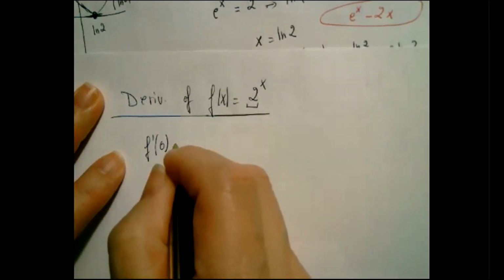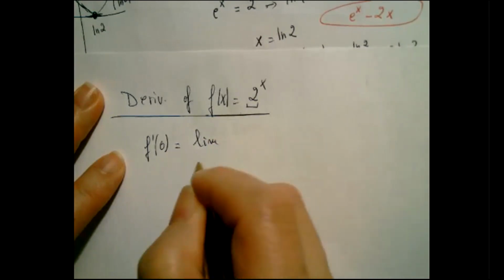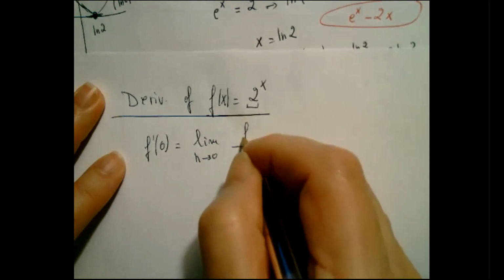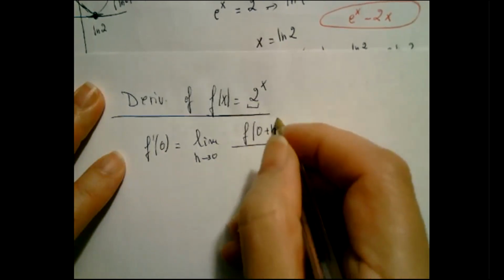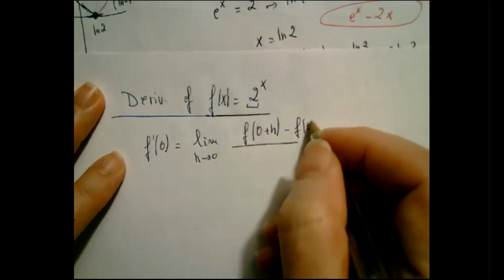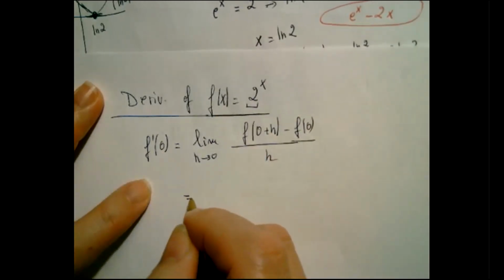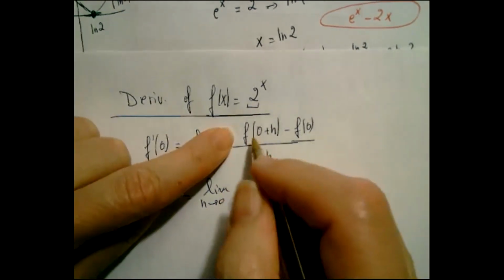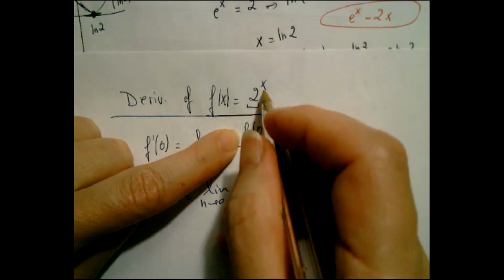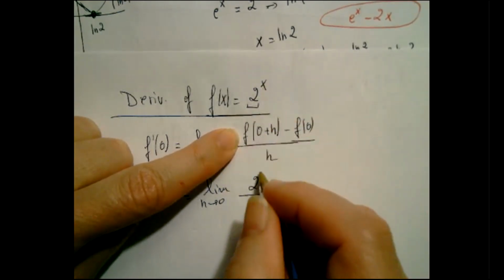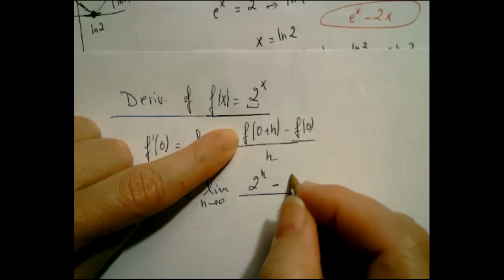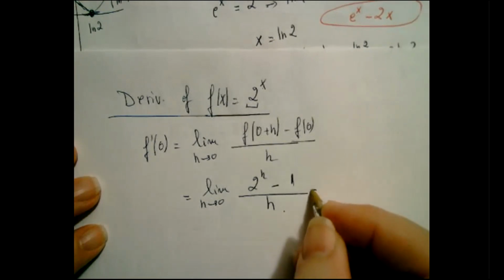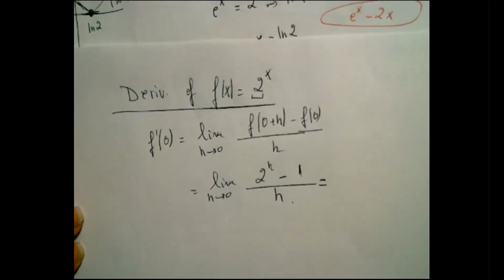That's the limit as h goes to 0 of f at 0 plus h minus f at 0 over h. It means the limit as h goes to 0 of f of h, that's 2 to the h, minus 1 over h. And we're going to do that numerically, as I did before.